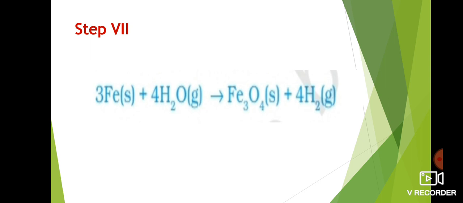H2O gas means water exists in the form of steam. Gives rise to Fe3O4, which exists in solid form. Next H2 is in gaseous form. So iron metal reacts with water vapors present in air, forms Fe3O4, which is rust, and gives hydrogen gas. Understand?